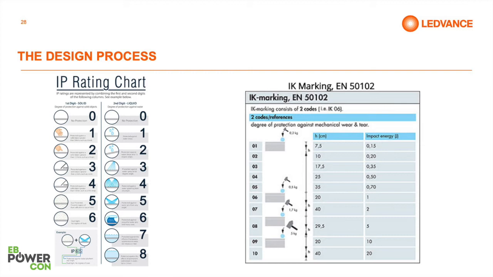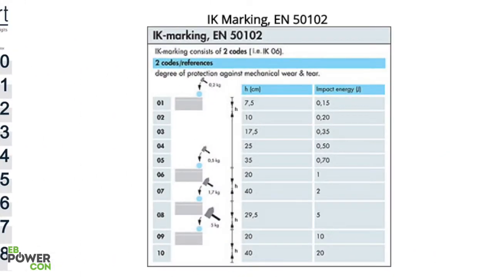Another reading or marking that you could look for is an IK marking, which is impact resistance. The higher the number, the more resistant to impact it is. For example, I worked on one not too long ago.